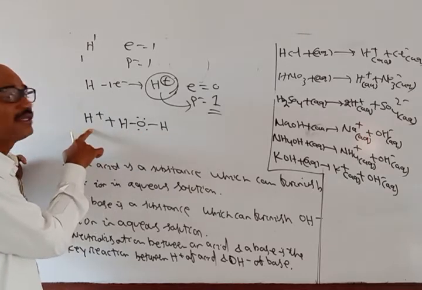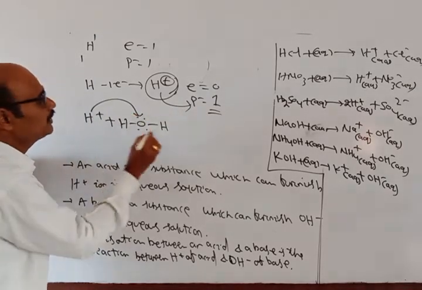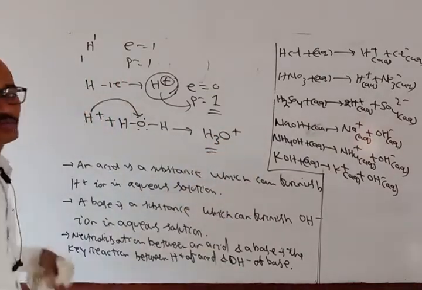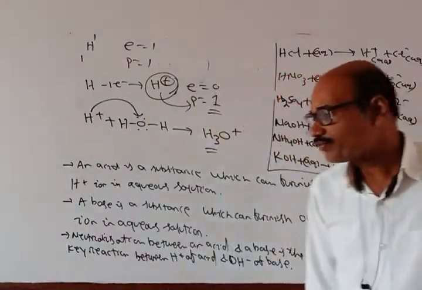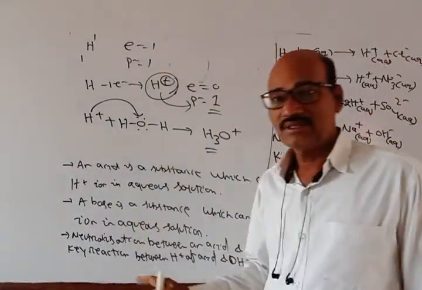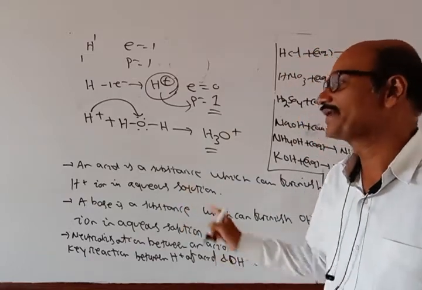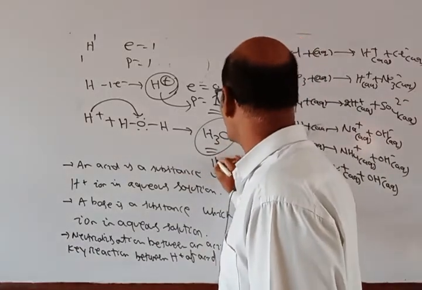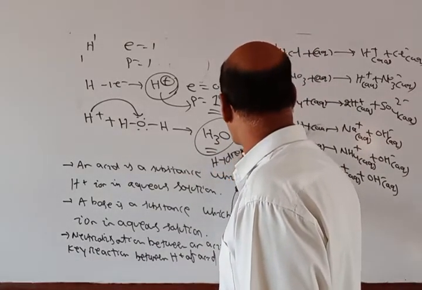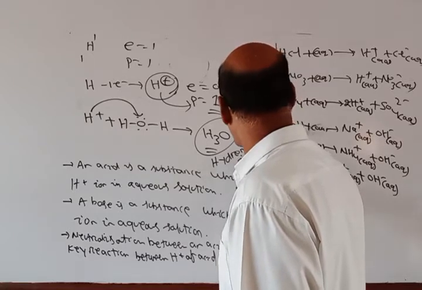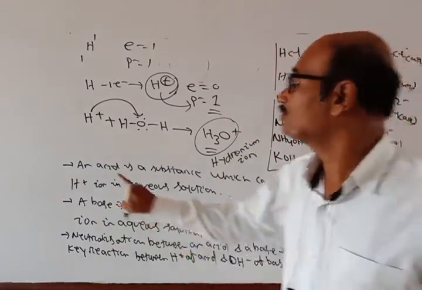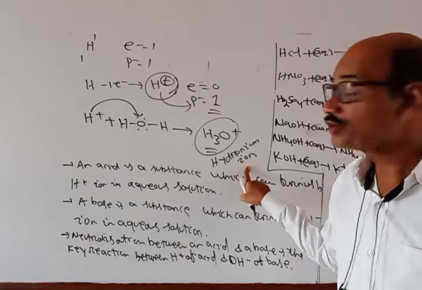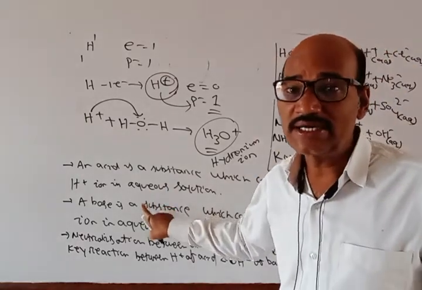So this proton, being unstable, attacks one and gives H3O plus. That means when the acid is dissolved in water, it furnishes hydronium ion. So instead of talking about the H plus ion, we say hydronium ion. This is one of the limitations of this Arrhenius theory.